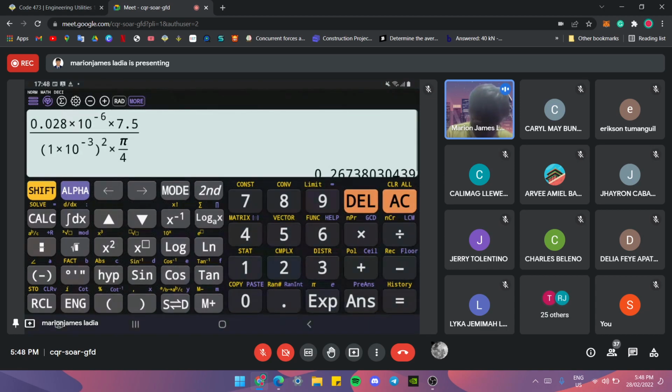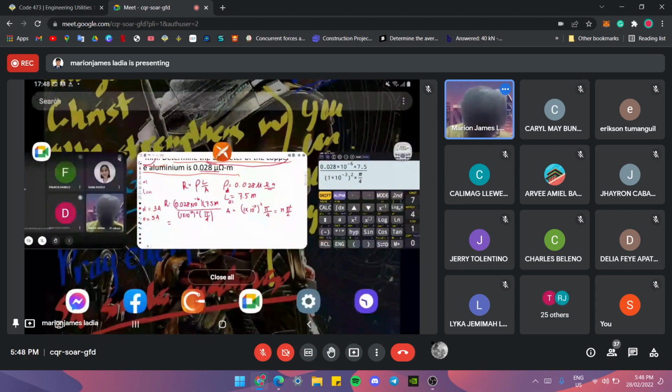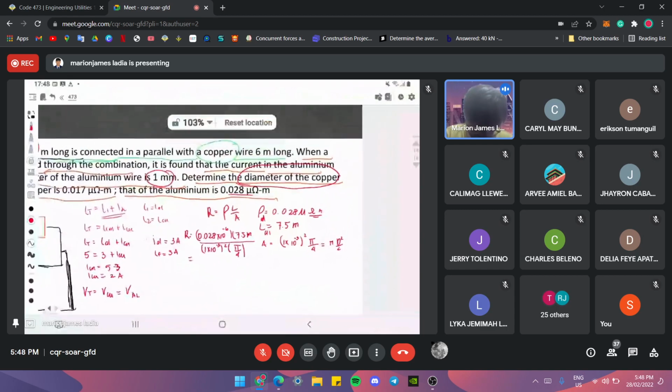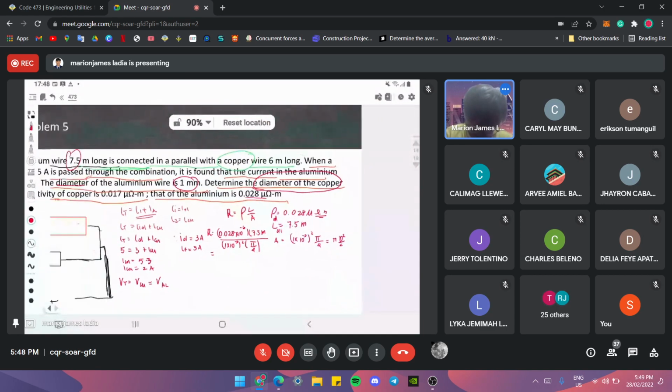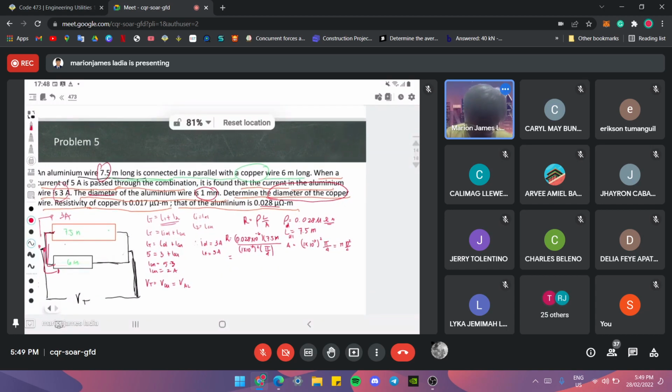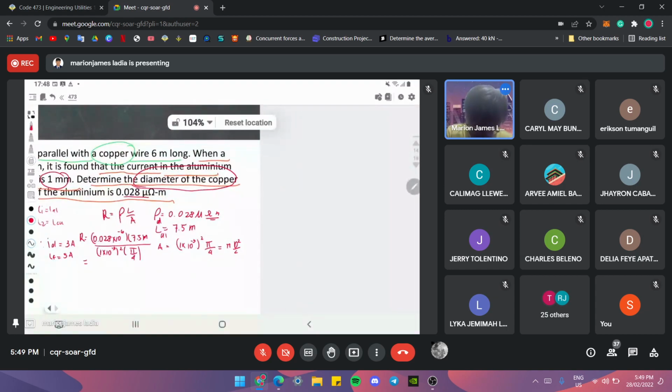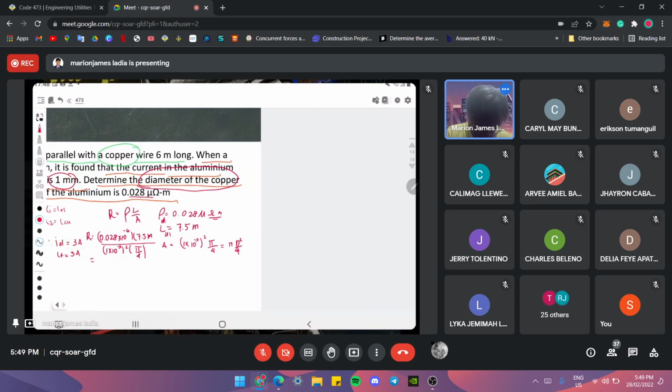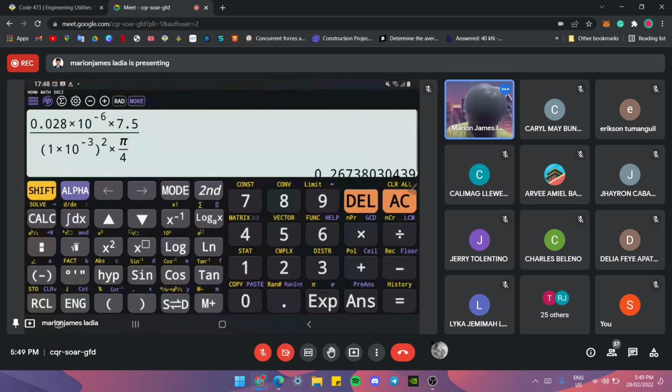So, ito yung resistance natin. Aluminum, rho L over A: 0.028 multiplied by 7.5, rho L over A, which is yung area, yung aluminum natin is 1 times 10 raised to negative 3, pi d squared over 4. Okay? So, ang gagawin ko, shift store tayo.